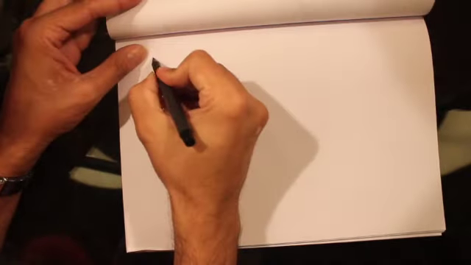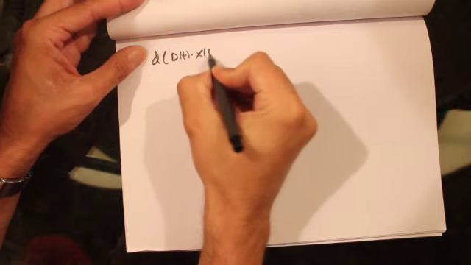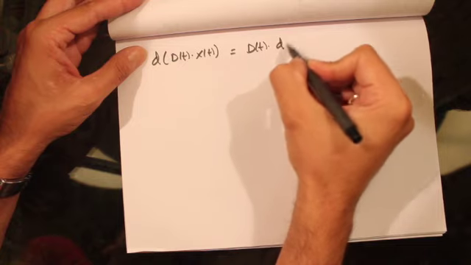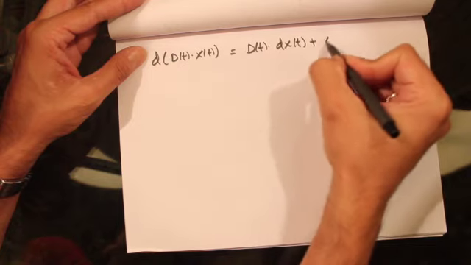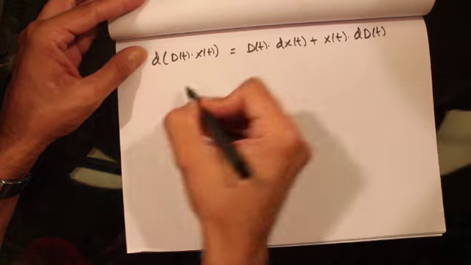Now the discounted value of the portfolio process can be written as d of dt X of t. This is basically nothing but D(t) times dX(t) plus X(t) d of D(t).